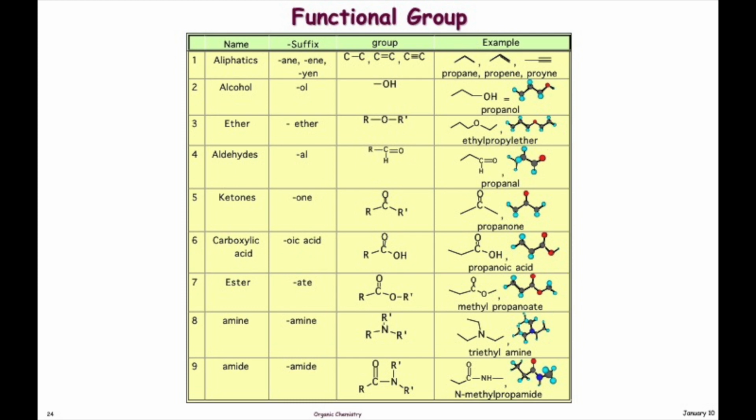Okay? It's called functional because the main chemistry that occurs is based on this group. Okay? Notice the suffix OL. Whenever you hear an OL in an organic name, you know it's an alcohol. Butanol, pentanol, ethanol, glycol, cholesterol, OL. They've got that OH group in the structure somewhere. Okay?